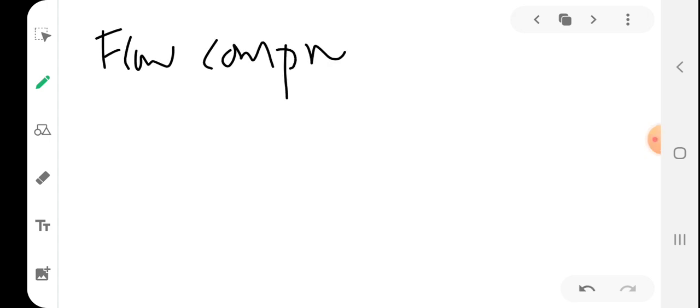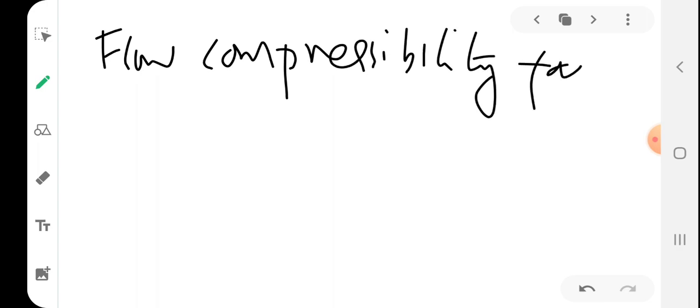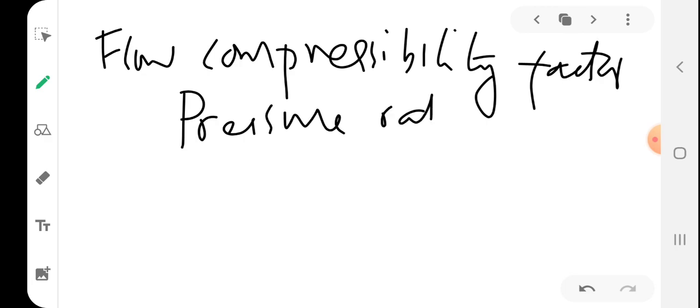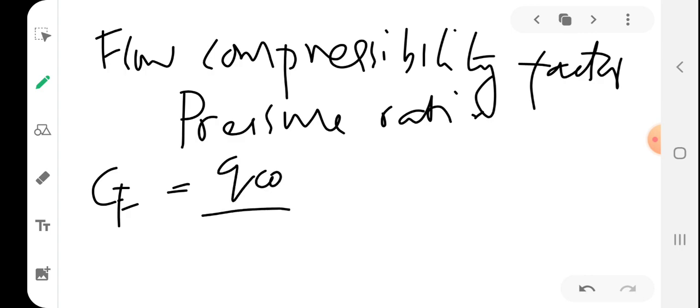Students, another important concept is called the compressibility factor, or flow compressibility factor, or pressure ratio. Cf is nothing but Q, the dynamic pressure in case of compressible, divided by the dynamic pressure in case of incompressible.